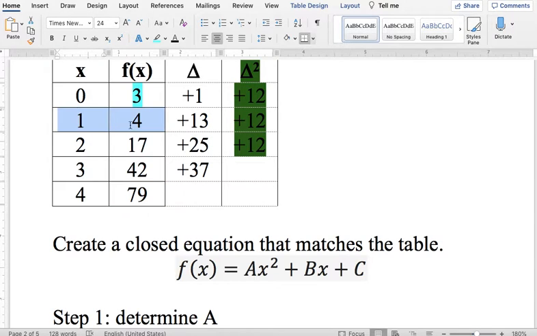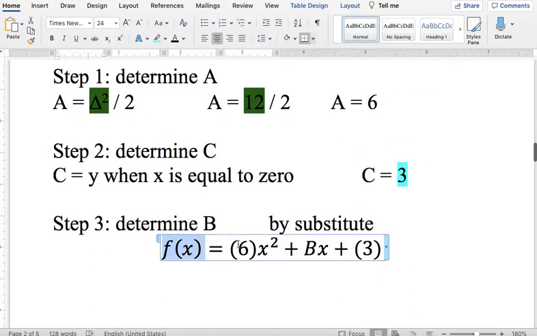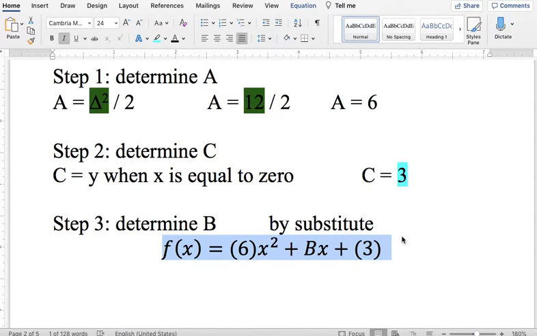Personally, I'm going to use the small pair. I'm not going to use this pair since we already used it to find our c. If you plug this in, you would not be able to find your b. Your equation would just end up becoming 3 equals 3.